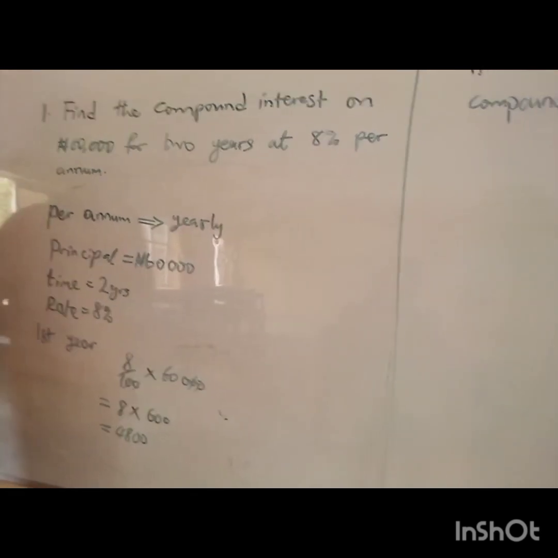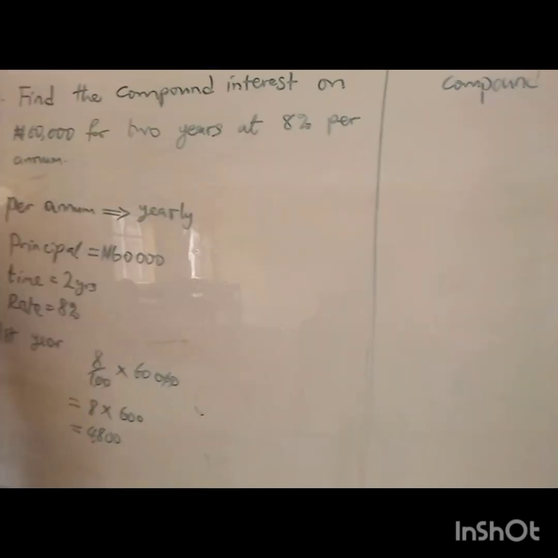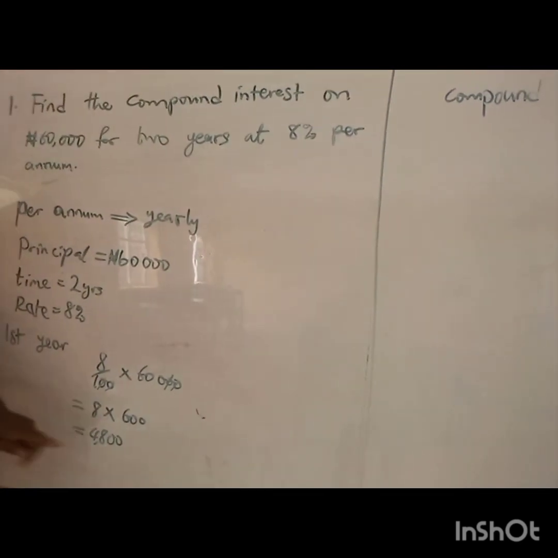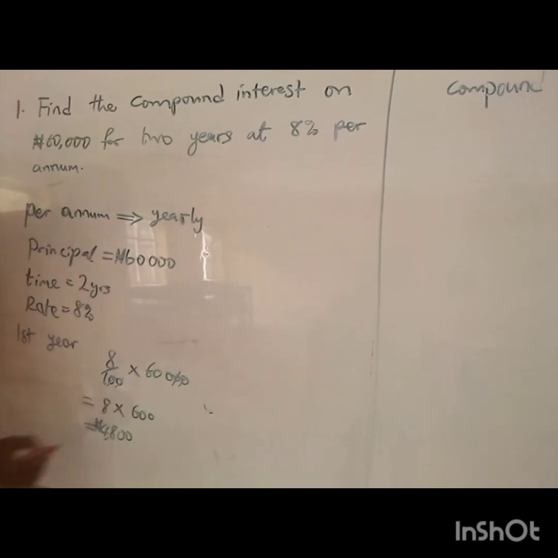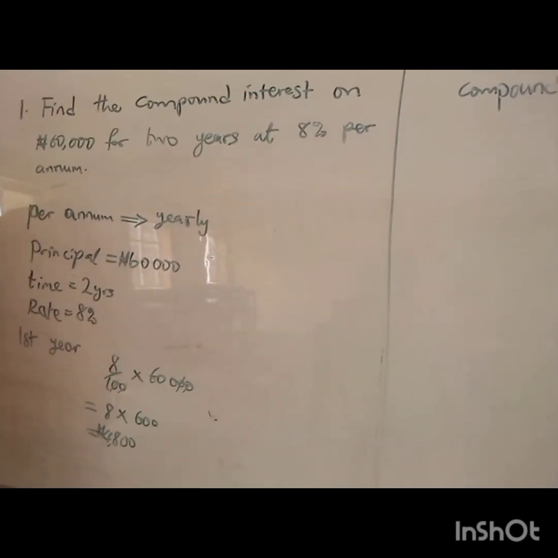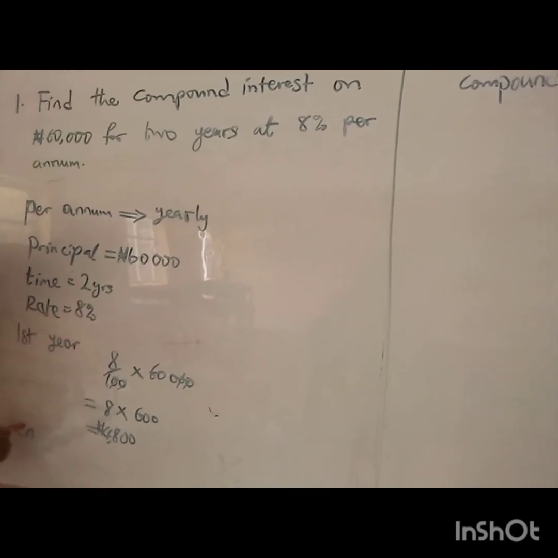So it means that in the first year, at 8%, the interest that was gotten was 4,800.